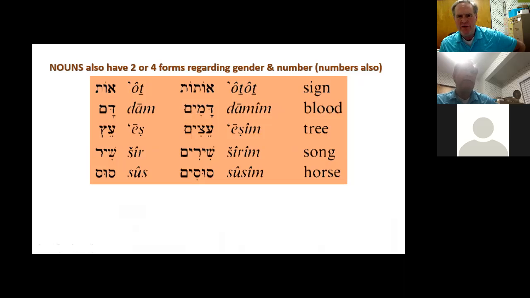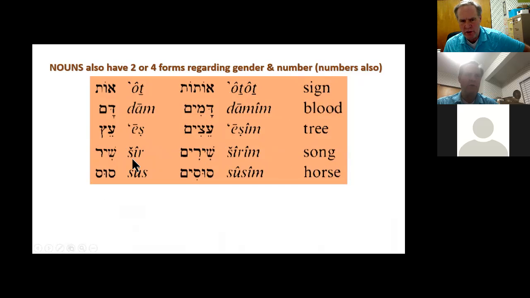Okay, so nouns have two different endings. Ot and otot is a sign, and this is always just feminine, so it doesn't have a masculine for this one. If you have blood, it's dam, and plural is damim. That can also refer to bloodshed. Tree rather, is eitz. The plural is eitzim.